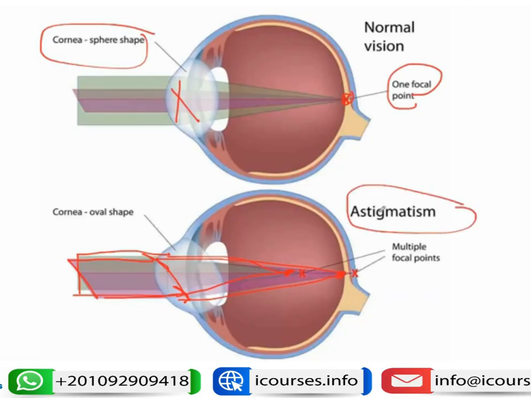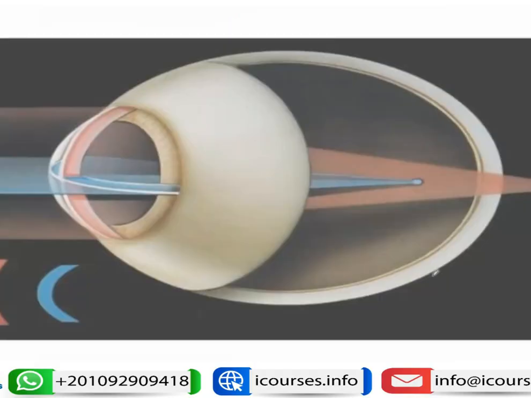So astigmatism: A means no, and stigma means point. So this patient cannot focus the image into a single point. So he has multiple focal points, and that's why this will lead to impaired or blurred vision in this patient.